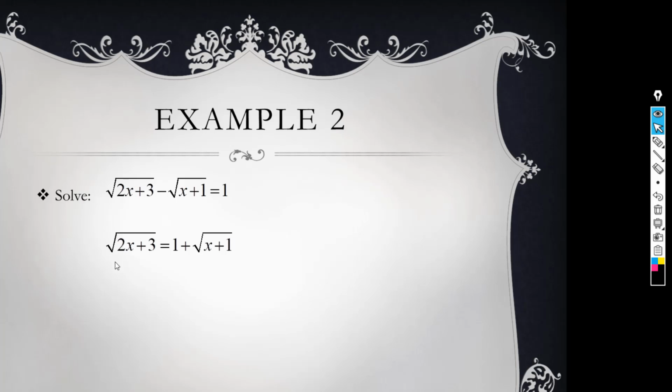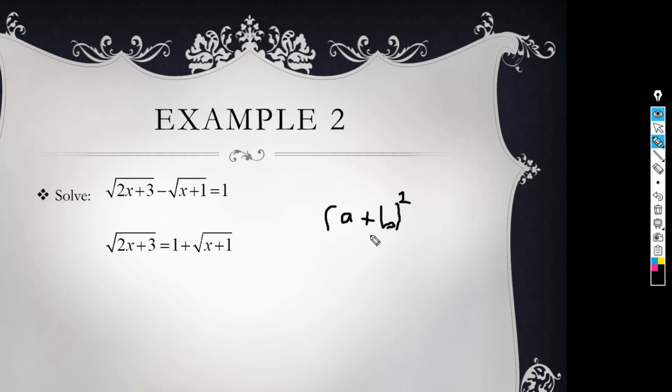Now I'm going to square both sides. When I square the left side, that's going to cancel the radical, leaving 2x plus 3. But squaring the right side is kind of like squaring a plus b. Let me do it over here. When you square a binomial expression, you have a plus b quantity squared.